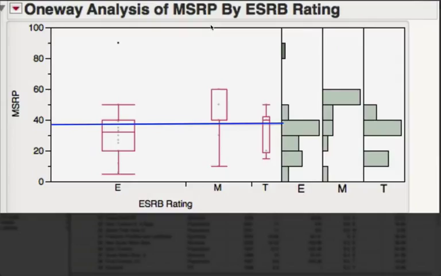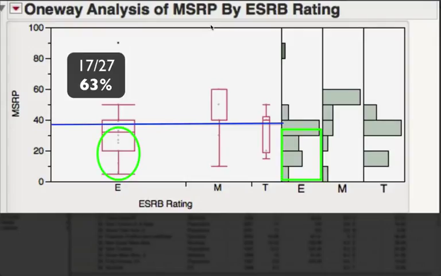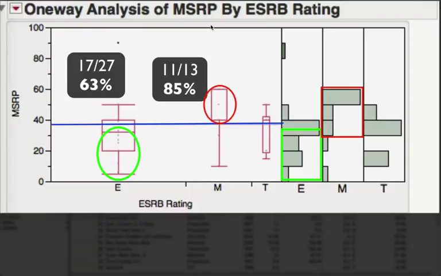Lastly, is the content rating of a game associated with its cost? 17 out of 27, or 63% of games rated E, were below the grand mean MSRP. 11 out of 13, or 85% of games rated M, were above the grand mean MSRP.